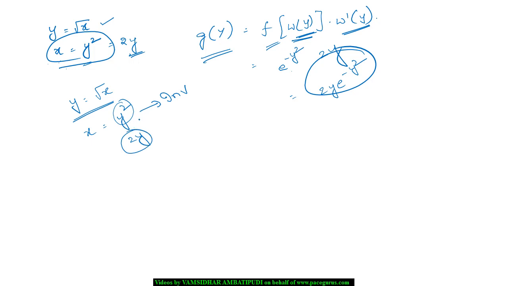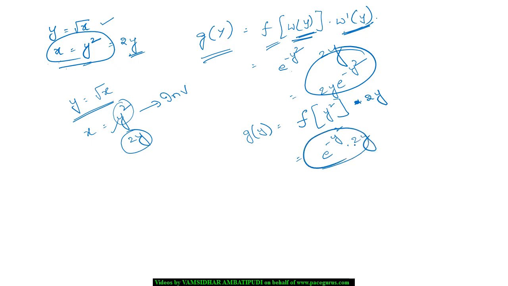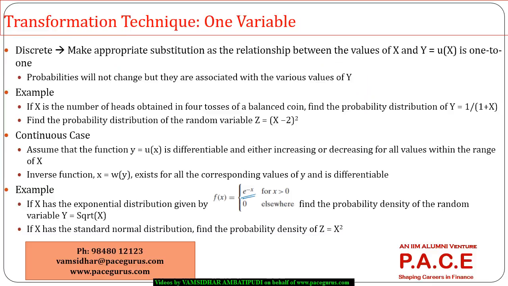Now, if I have to find my g of y, I take f of whatever is the inverse, f of y squared, multiplied by the derivative, which is 2y. F of y squared is nothing but e to the power of minus y squared, multiplied by 2y. This would form my density function. A simple straightforward example.